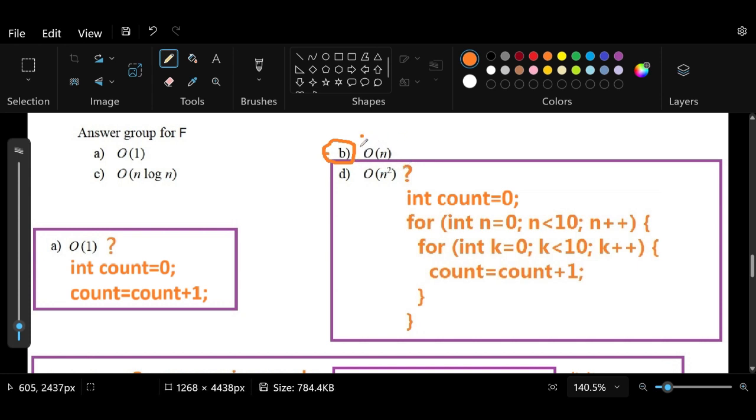But again, if we look at the other choices, we want to know what they are, and what are the cases when a program would be O of 1, for example. And I put here an example where what we're doing is simply assigning a value to the count, but we don't have any for loops at all.